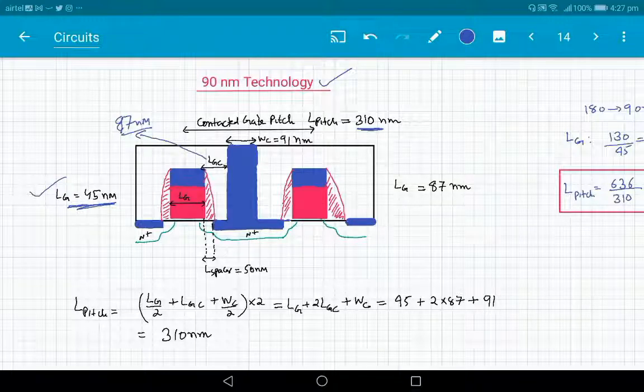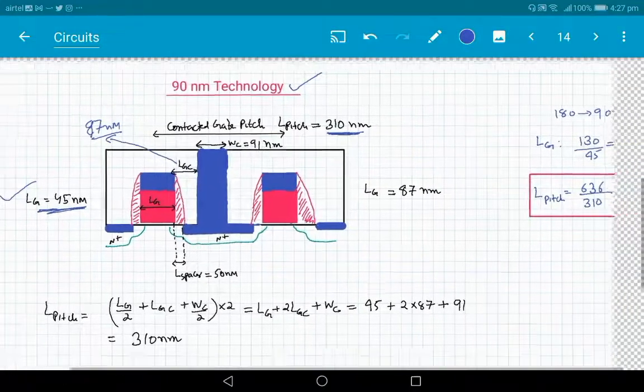And the spacer layer is the separation between the gate edge and the source drain edge that you see here. So that's the spacer layer that is there here. The point again is that the gate length is not 90 nanometer, but the physical gate length is 45 nanometer. And the other point is the contacted gate pitch is 310 nanometer.